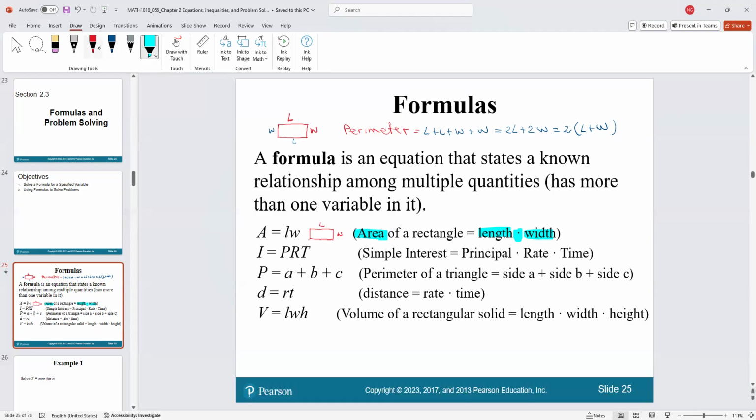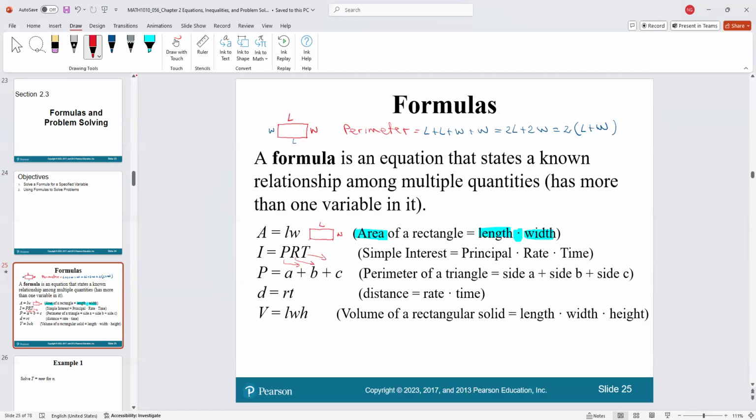The other formula you see here is simple interest. Simple interest equals the principal, that means the money invested, multiplied by the interest rate, and over what period of time you invest that money. Suppose you invest $1,000 at a 5% interest rate over 5 years.